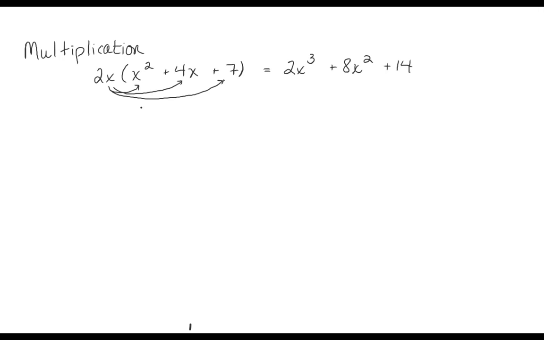Multiplication essentially uses the distributive property. If you had a problem like 2x times x squared plus 4x plus 7, you would distribute and multiply out the 2x times each of the terms inside the parentheses, and you would get 2x cubed plus 8x squared plus 14x. Do you guys remember doing that?